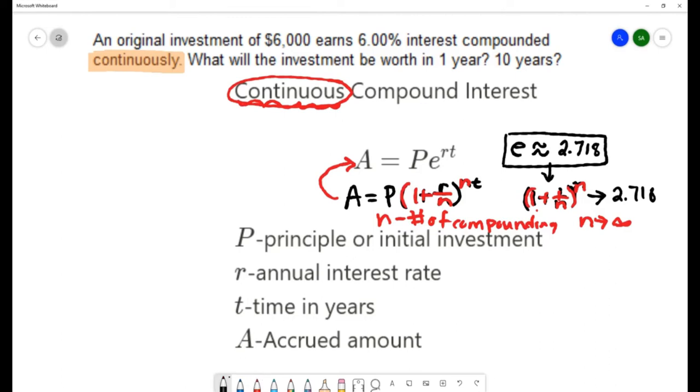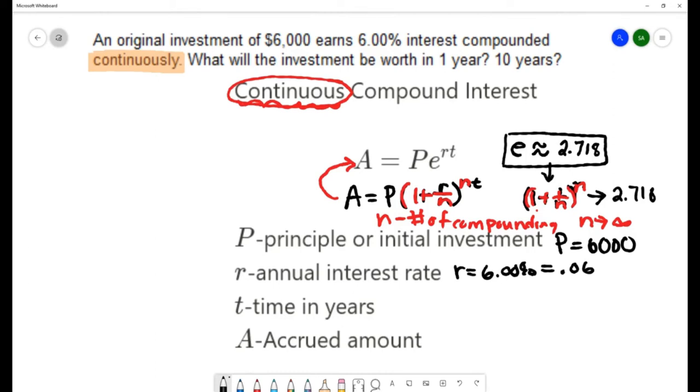So let's read through our problem and find the different values for the variables. An original investment of $6,000, that is our principal. Our initial investment of $6,000 will earn 6% interest. R is 6%, and we're going to use the decimal version of that, so 0.06.